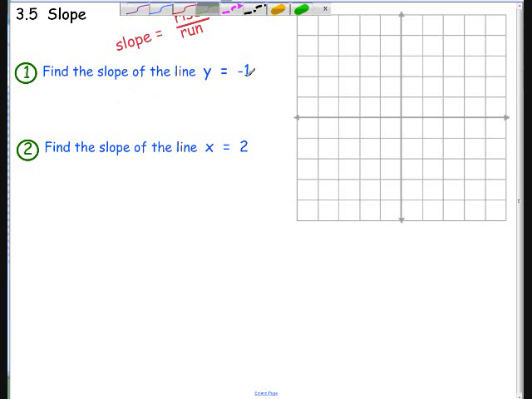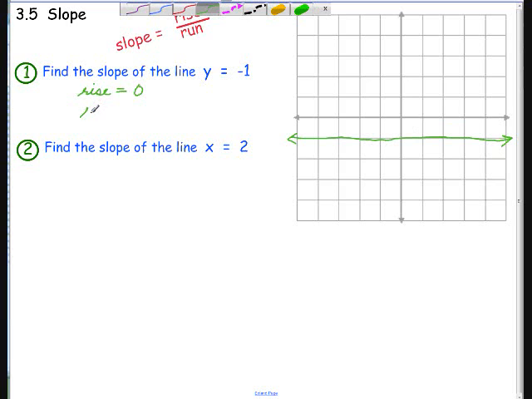Find the slope of this line, y equals -1. Well, let's draw it. Y equals -1 would be right here, assuming I've got a 1 by 1 grid. In this case, my rise is 0, right? There's no change as I move across here.